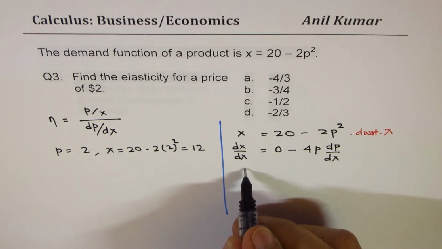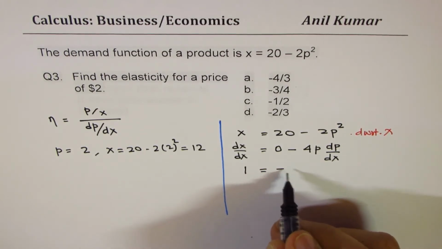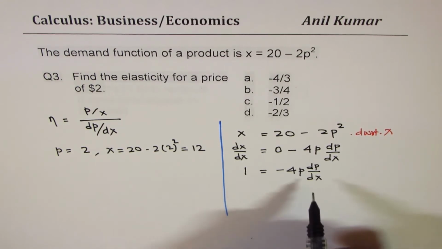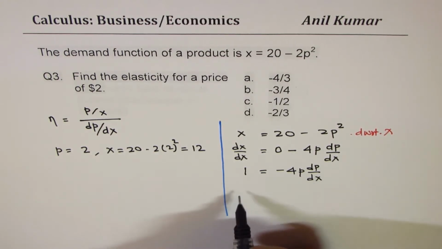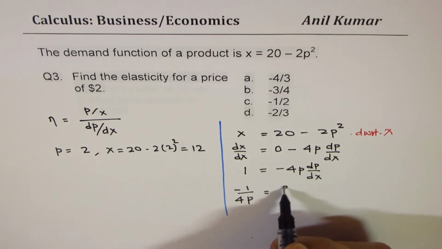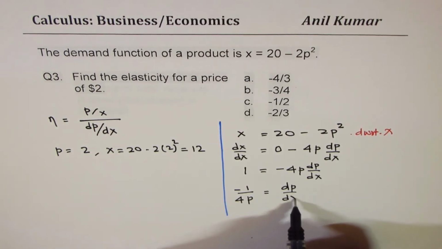So 1 equals minus 4p dp dx, or dp dx equals minus 1 over 4p, correct?